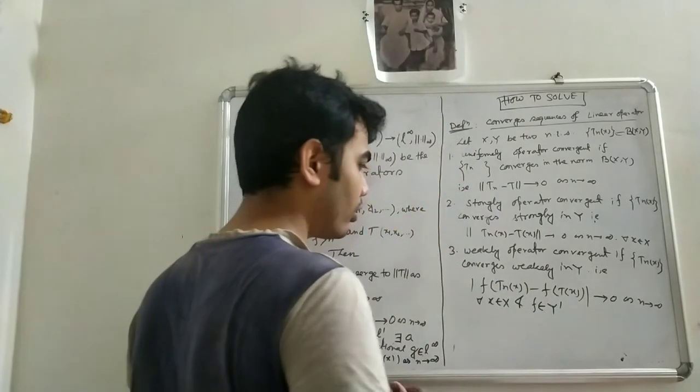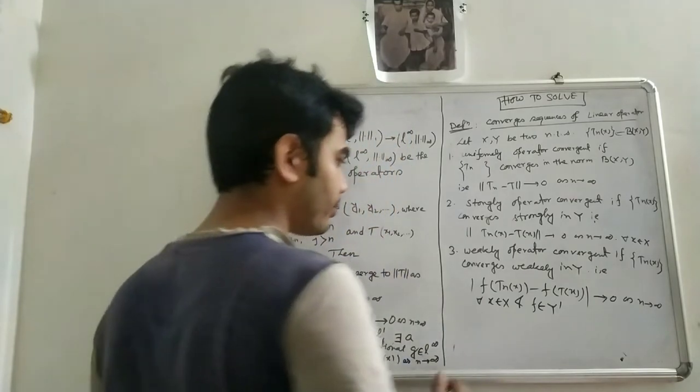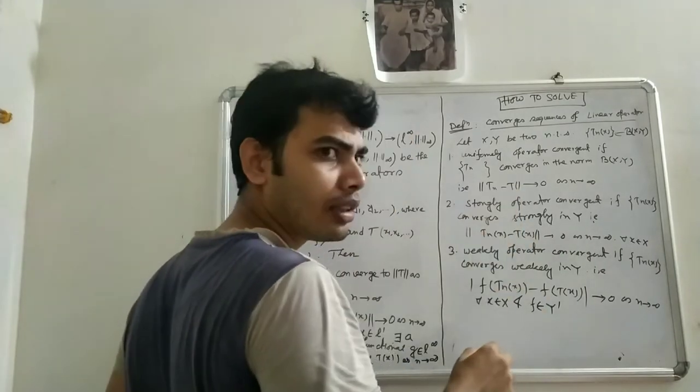So Y dash means the set of all bounded linear functionals on Y. Okay, this is the convergence of sequences of linear operators.